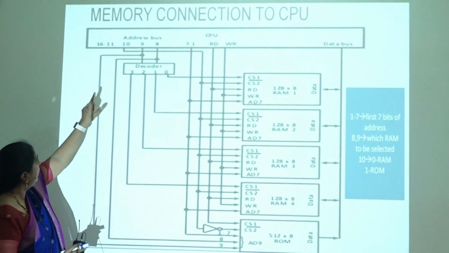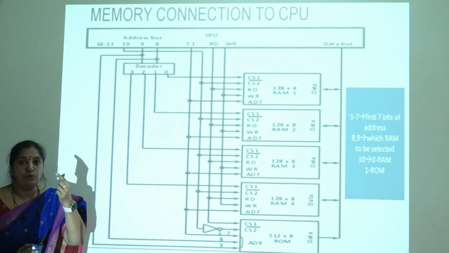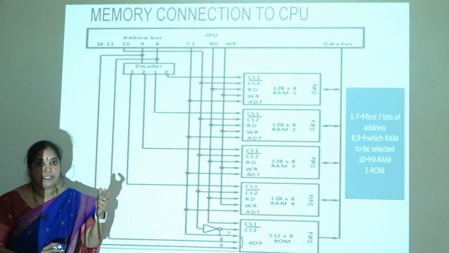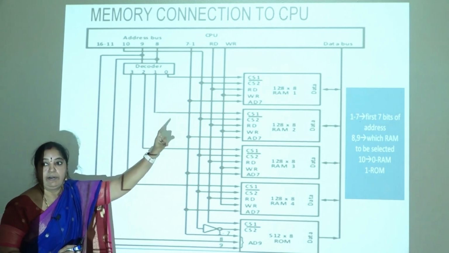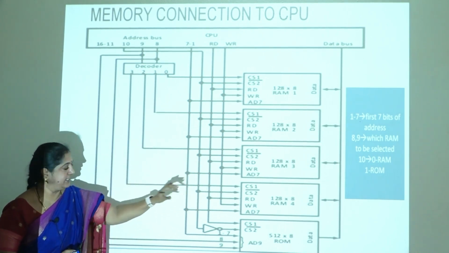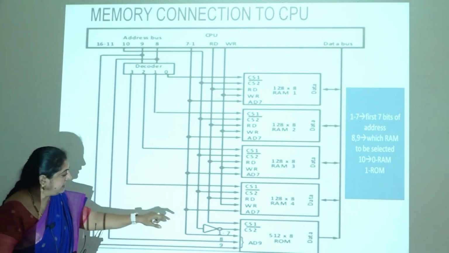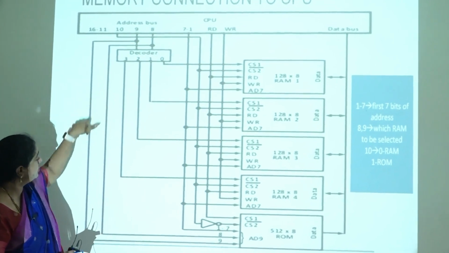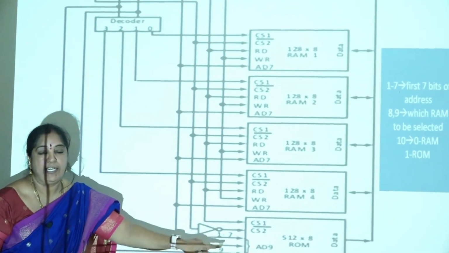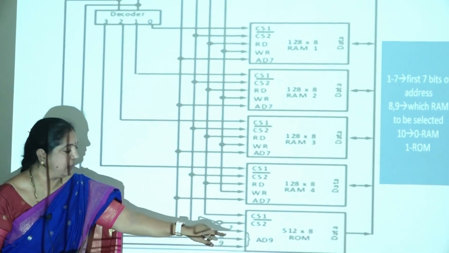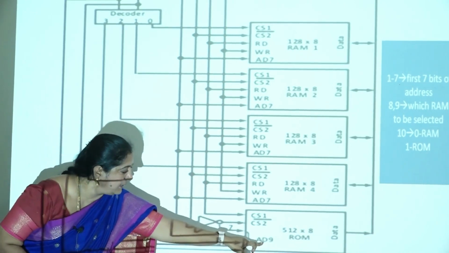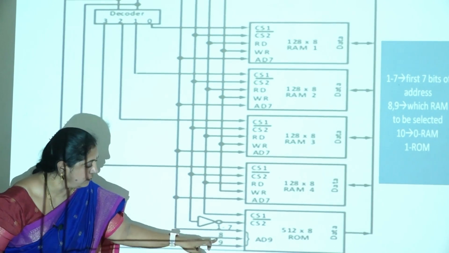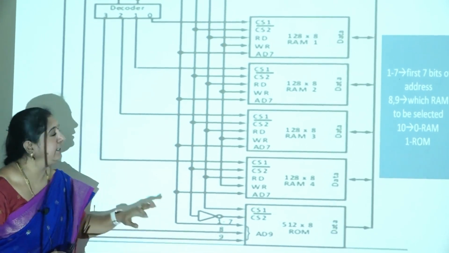That is, basing on the value of these two bits, 8 and 9, we decide which RAM is going to be selected. Apart from this, if it is ROM, then automatically the values of 8, 9 are sent as an extension of the address, because here we have only 7 bits, but we require 9 bits for the address. So the extension 2 bits we are sending through 8 and 9.